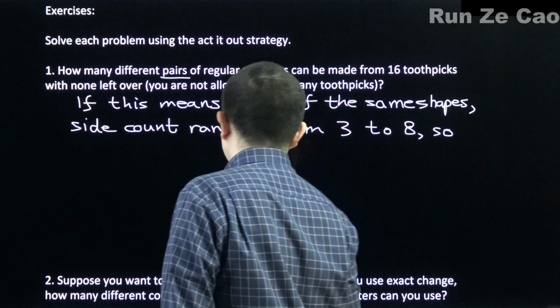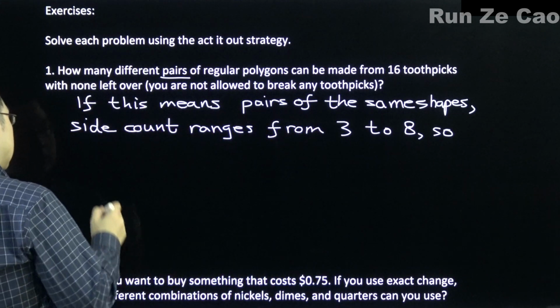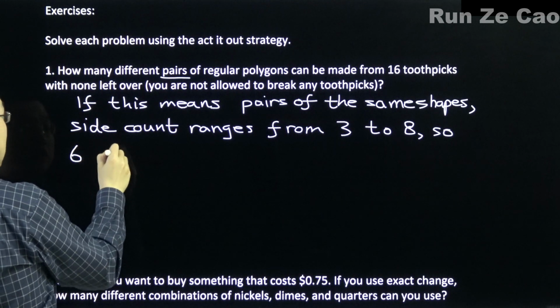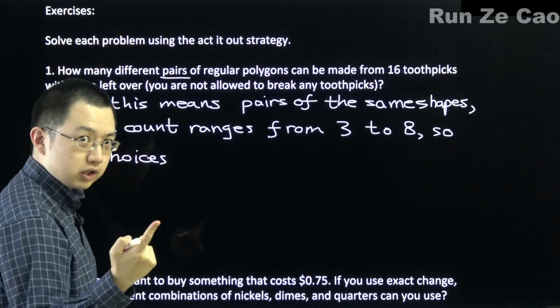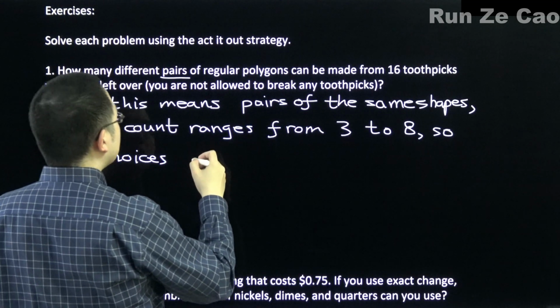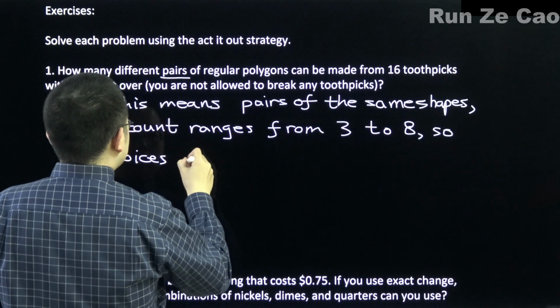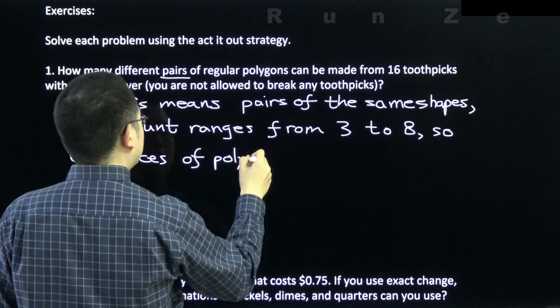So we have how many choices? 6 choices, because 3 is your first choice. So it's actually 8 minus 2 equals 6 choices of polygons. Well, polygon pairs.